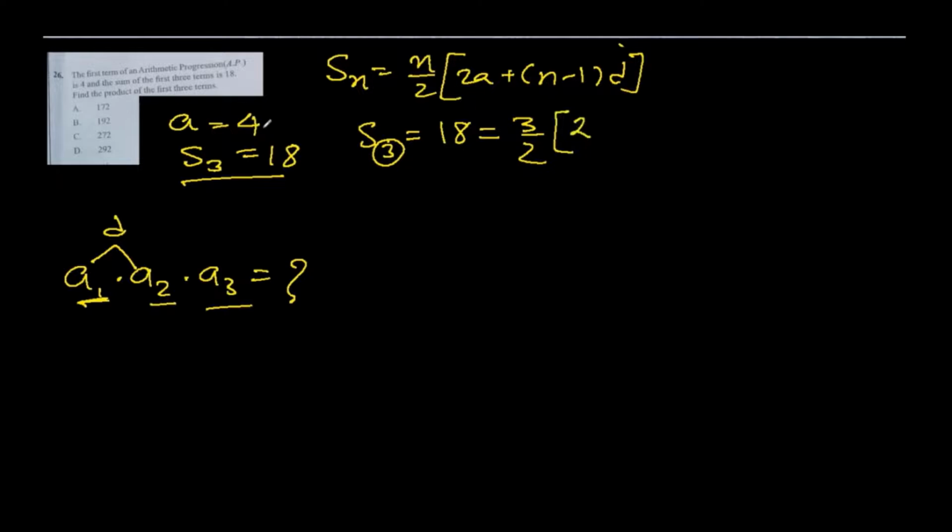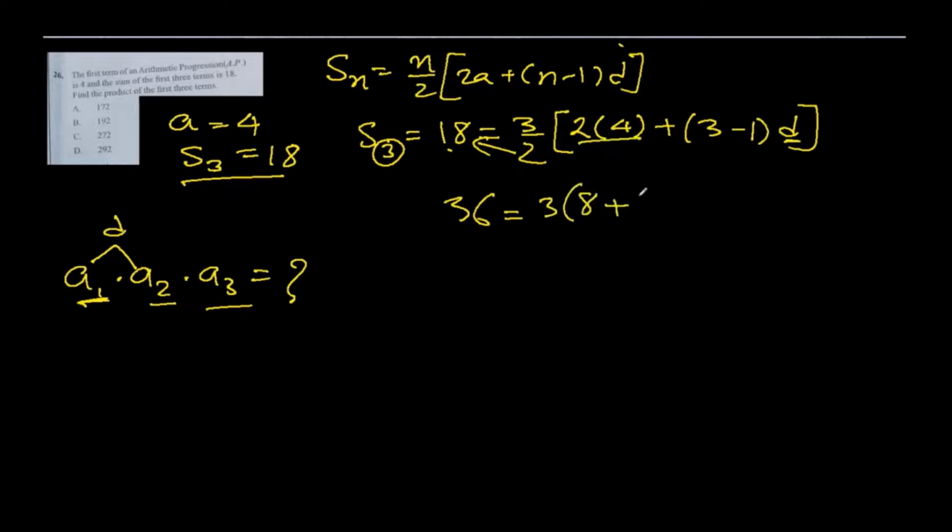2 times the first term a, which is 4, plus n minus 1, 3 minus 1 times d. So in this whole equation, d is the only unknown variable, and we can find it now. So to get rid of this 2 first, let's multiply here. 36 equal to 3 times 2 times 4 is 8 plus 2d.